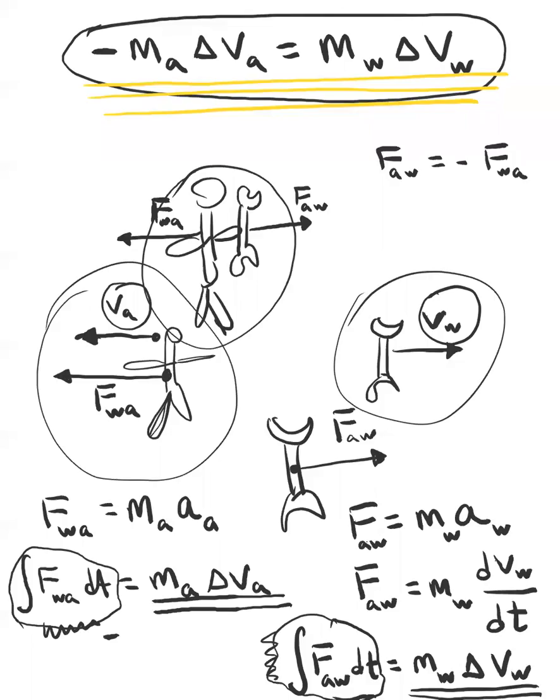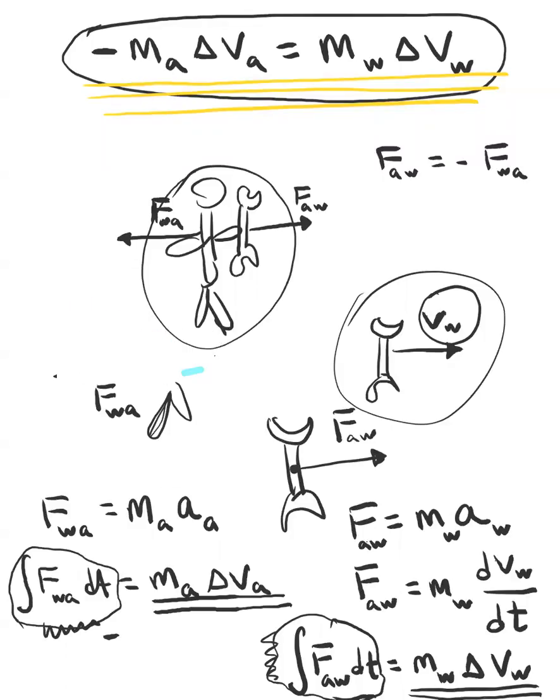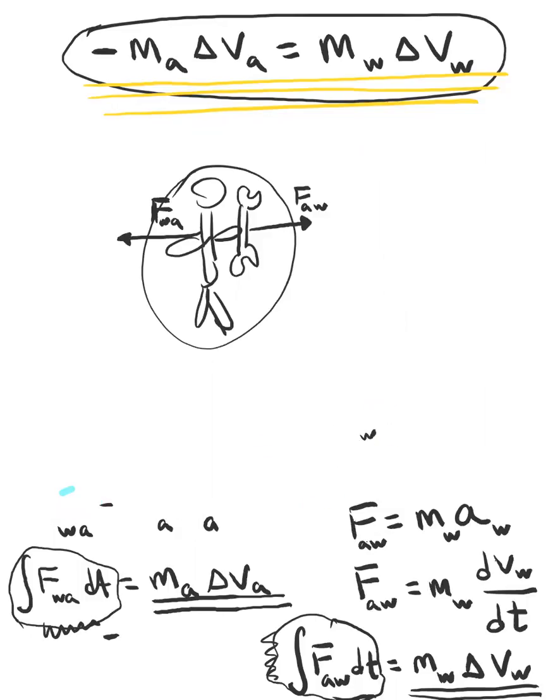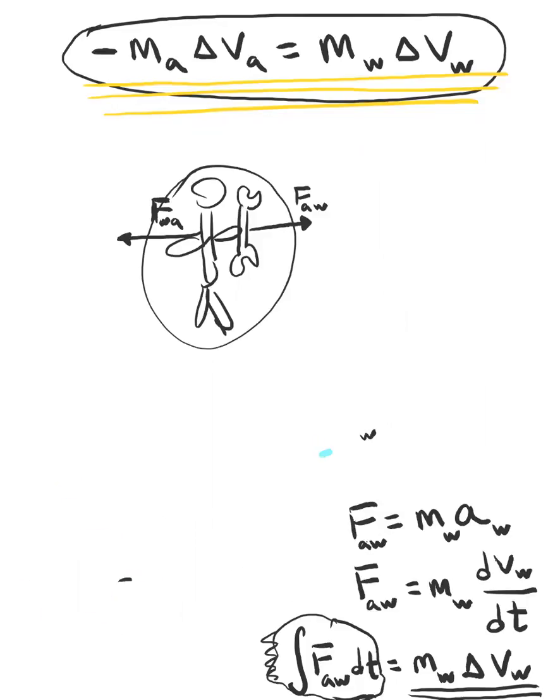Okay, let's pause for a second and think about what this result really means. So what's the meaning of this? M times delta V of the astronaut with a negative sign is equal to M times delta V of the wrench. So first of all, let's think about the delta V part. Change in velocity.